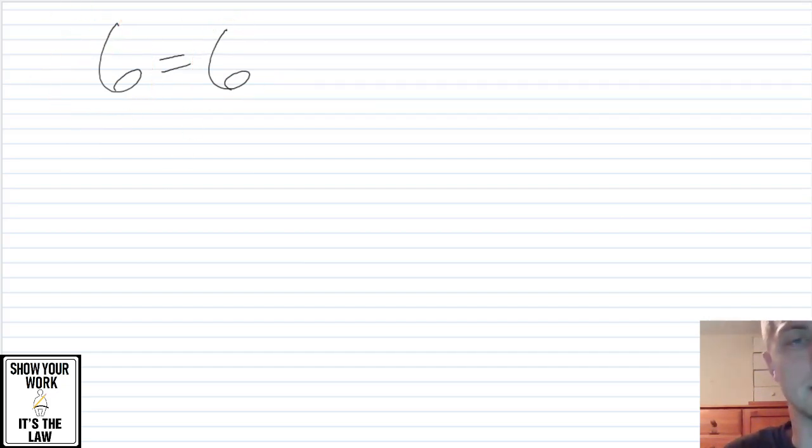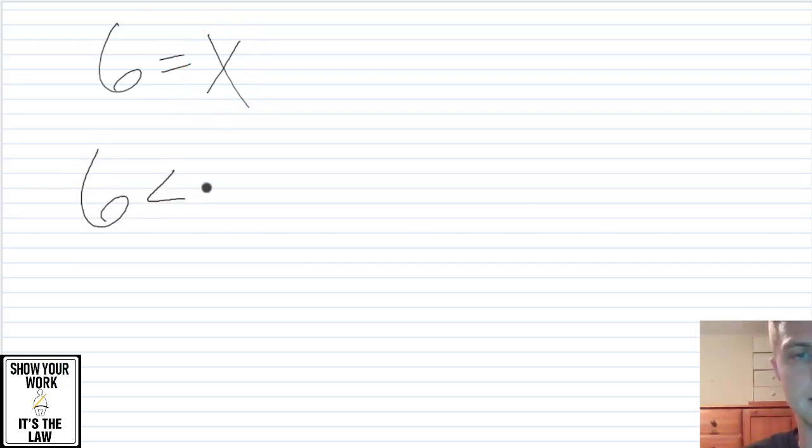When we don't know what a number is, what do we use? We use a variable. So if we don't know the value of that number, we can just put x. Now if we write this in a sentence, what does it say? 6 is equal to x. So we know automatically that x is equal to 6. No problem there. But if I have 6 is less than x, what is x equal?